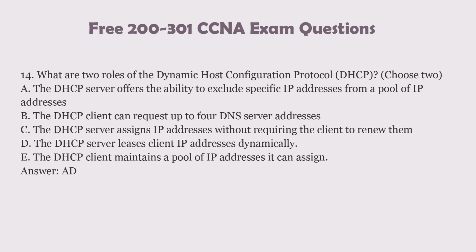C. The DHCP server assigns IP addresses without requiring the client to renew them. D. The DHCP server leases client IP addresses dynamically. E. The DHCP client maintains a pool of IP addresses it can assign. Answer: AD.